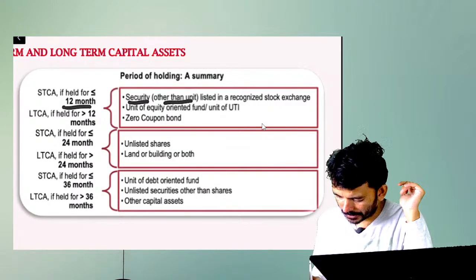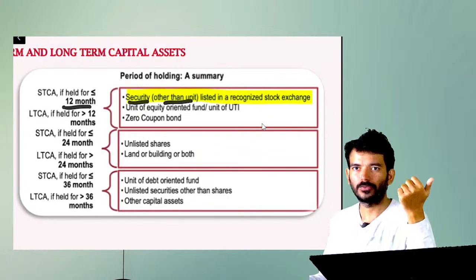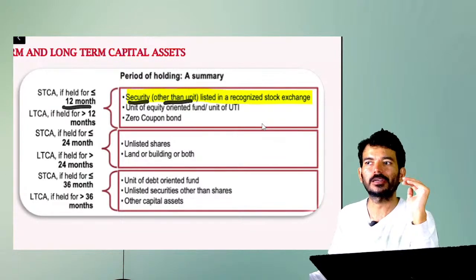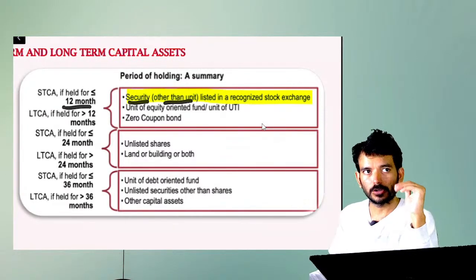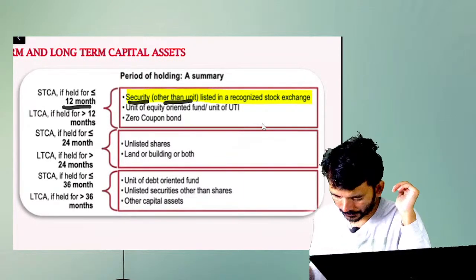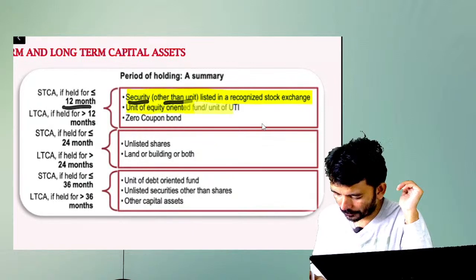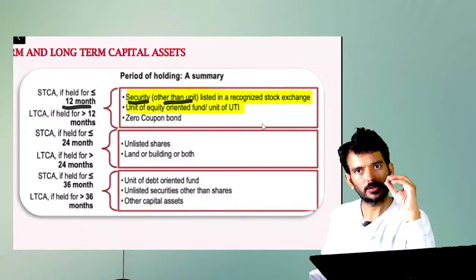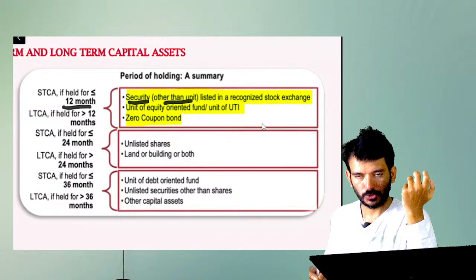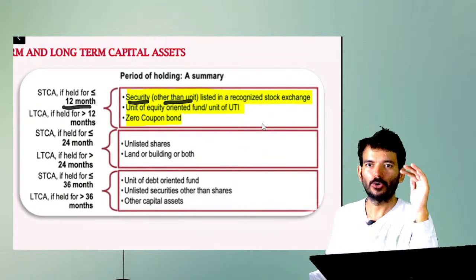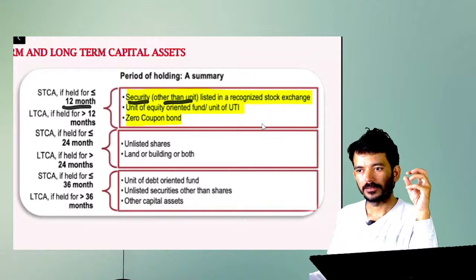Securities other than units, listed in a recognized stock exchange. So whoever is dealing in shares, you have to hold it for more than 12 months, then only you can say that is long term. Only 12 months or less than 12 months, it is short term. Units of equity oriented fund or units of UTI, unit trust of India.